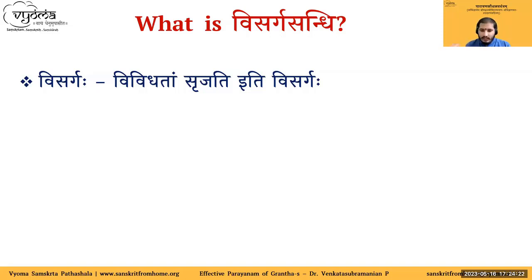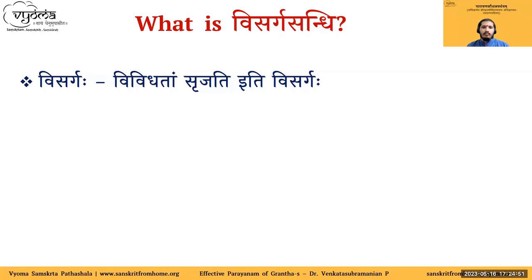What is the meaning of the word Visarga? It is vividhatam srijati iti visarga. That which gets transformed into many forms is visarga. Vividhatam is different forms, srijati is gets transformed.